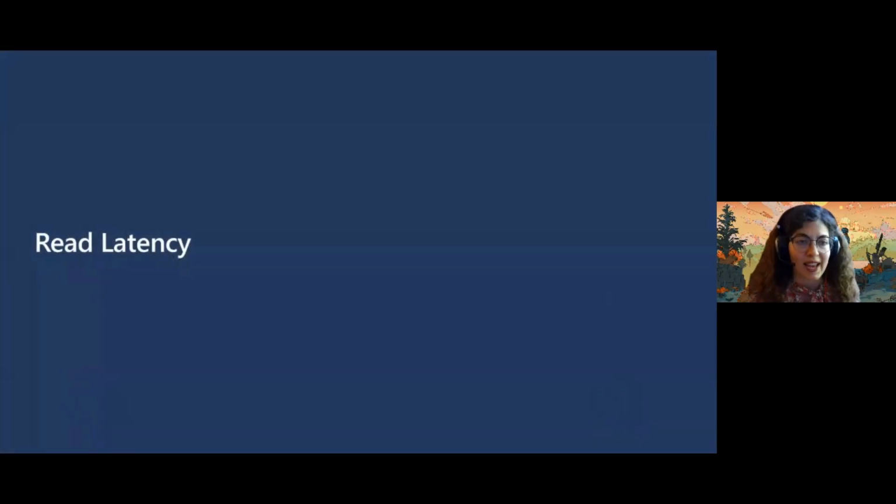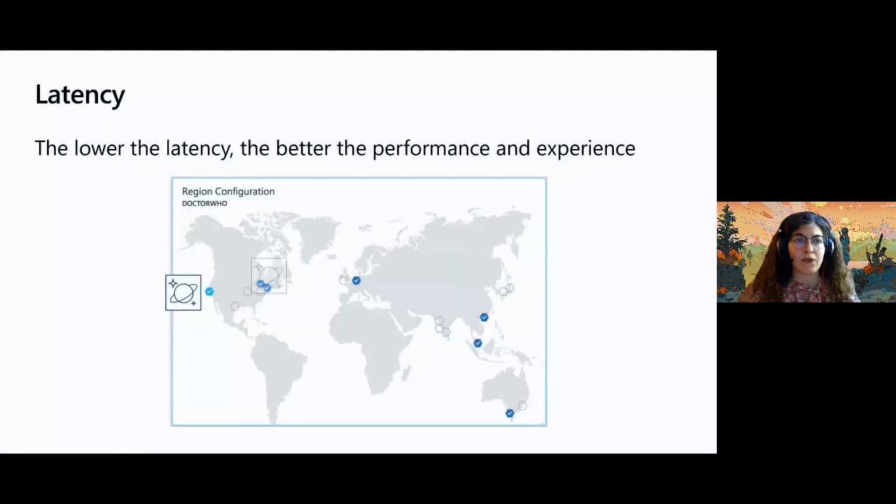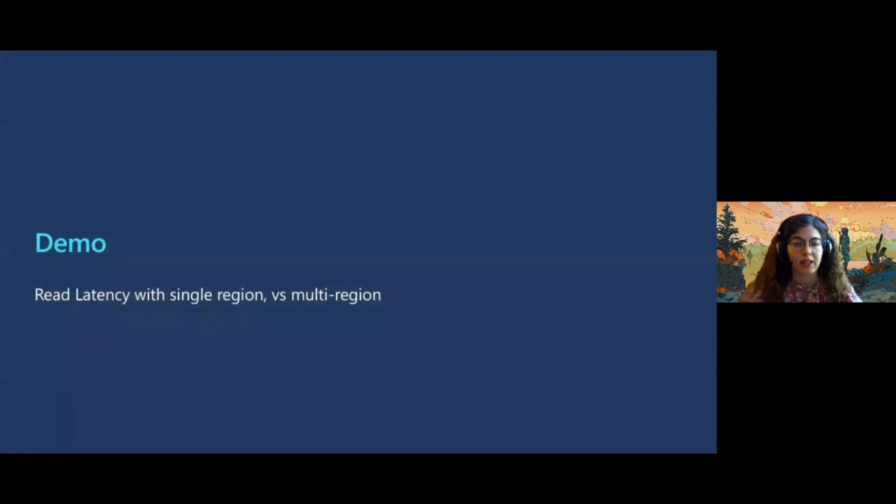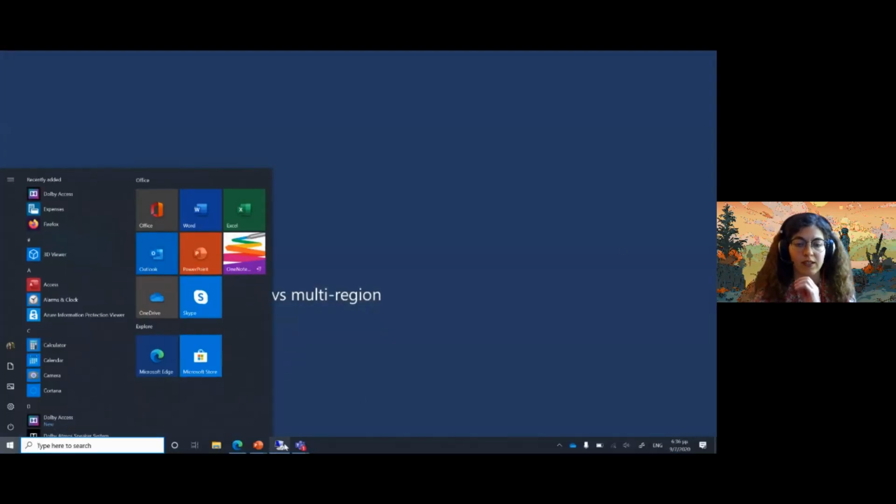Let's start with the demos. In the first demo, we will try to understand the impact of data locality, how close the data is to my users, and the effect that this data locality has on latency.